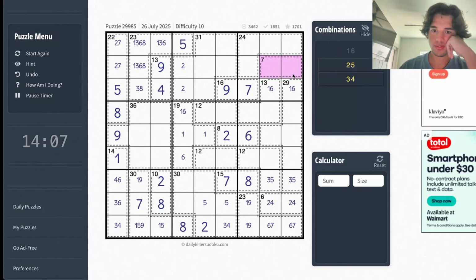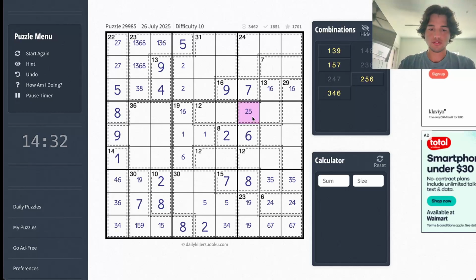So this is either a 2, 5 or a 3, 4, which in combination with this will form some sort of X-wing. So if it is 2, 5, then we end up with a 5 and a 2, so 2 and 5 have to go there, or it's 3 and 4. So the digits of these two cells will go here.